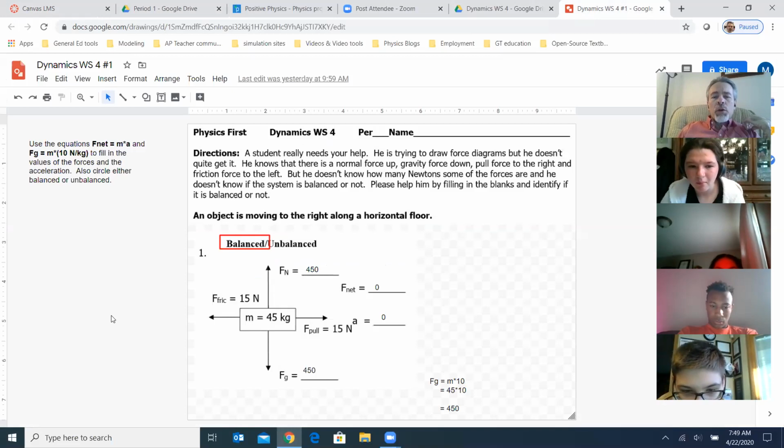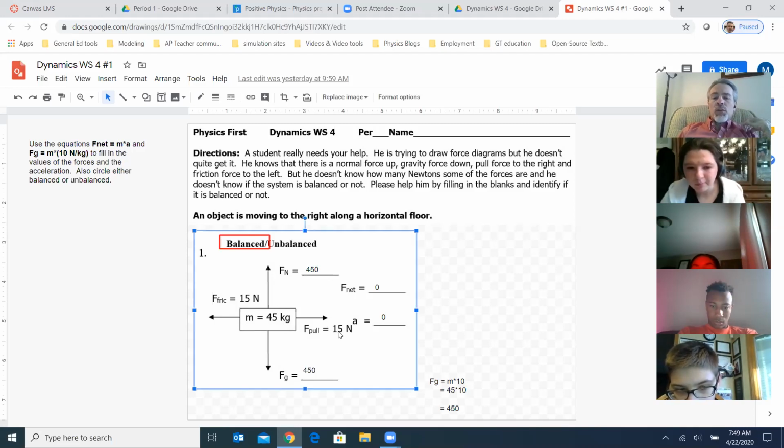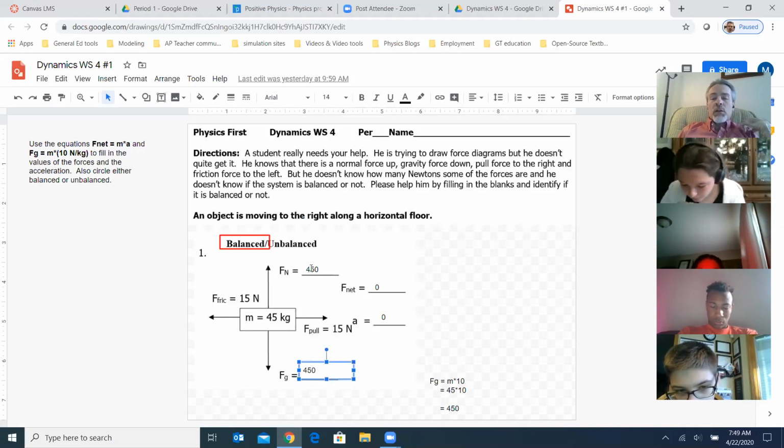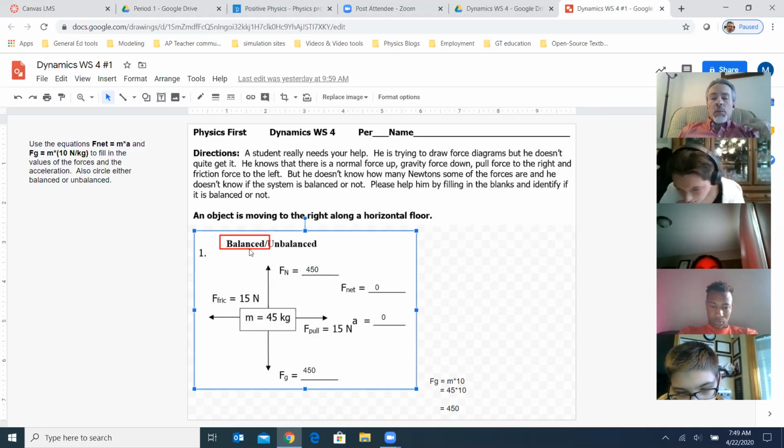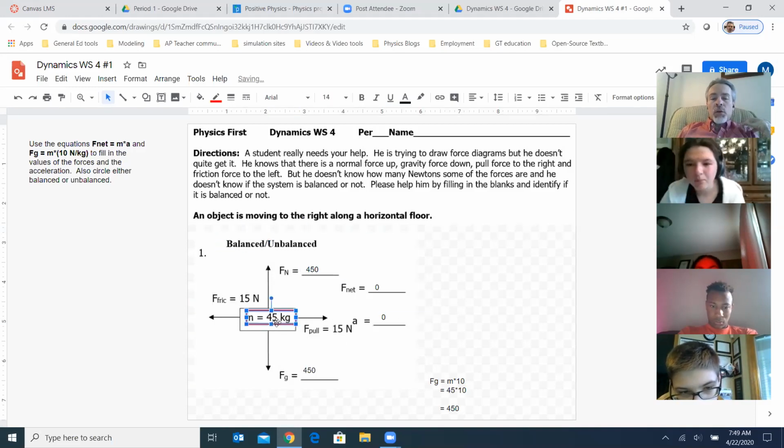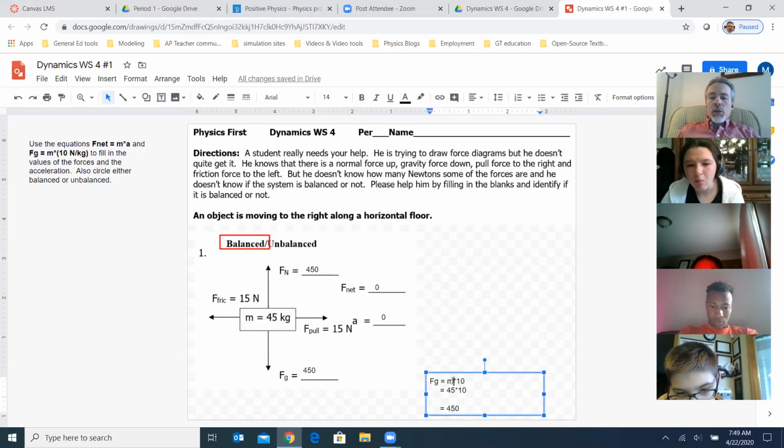For problems 1 through 4 on this worksheet, it's always a block or something pulled along a horizontal table, and it gives you various forces. It gave us the friction force is 15 and the pull force of 15, and we had to find the other forces, gravity and the normal force. The mass is 45, so Fg equals m times 10, 45 times 10, which is 450.